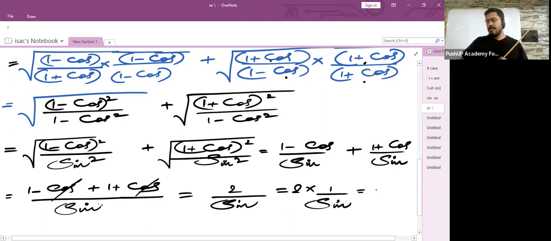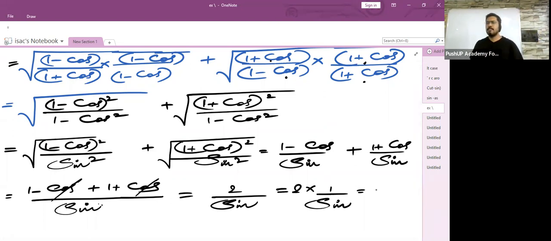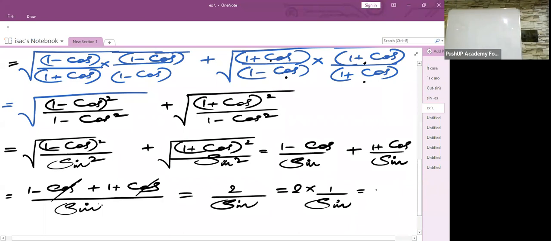Convert this term into cosec. What is 1 upon sine?